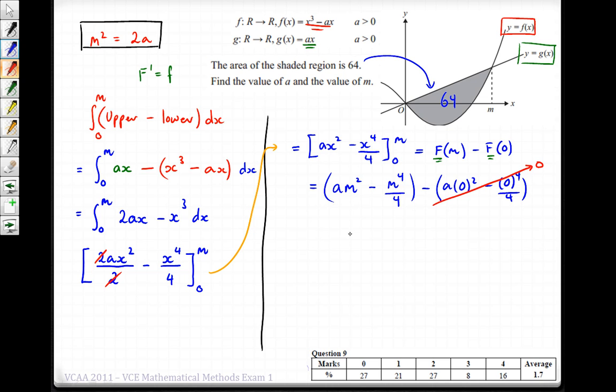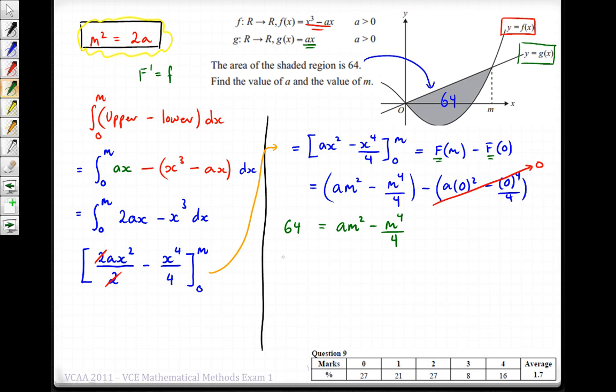So we've now got our area, because that's what this is: 64. So 64 equals am squared minus m to the 4 on 4. We have a link up here that links m squared to 2a. So wherever there's an m squared we can put 2a in.